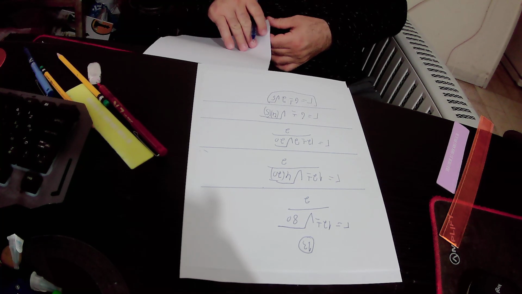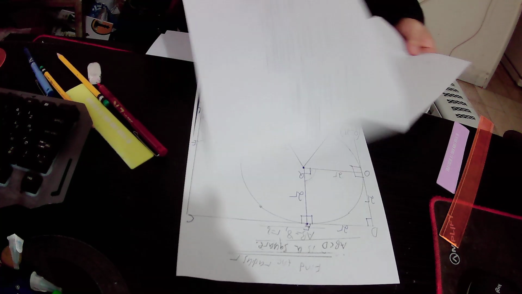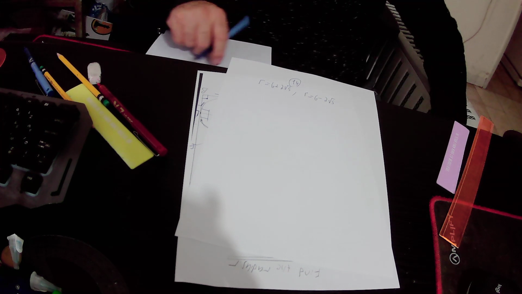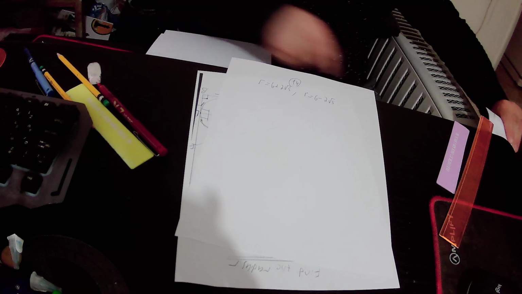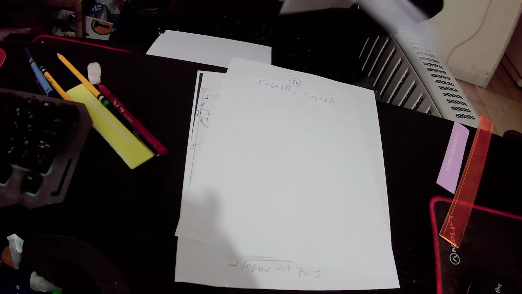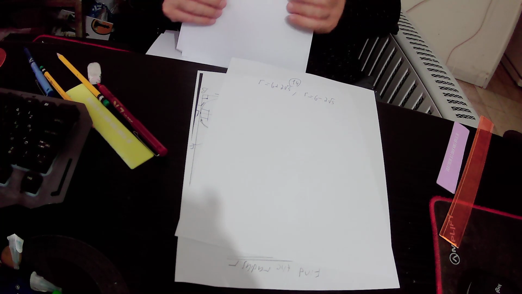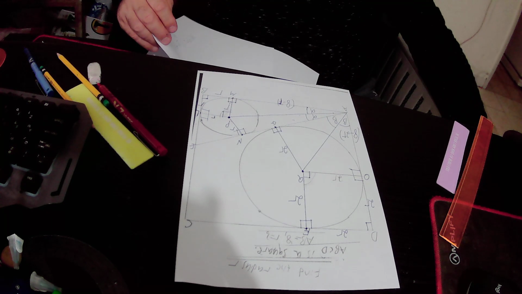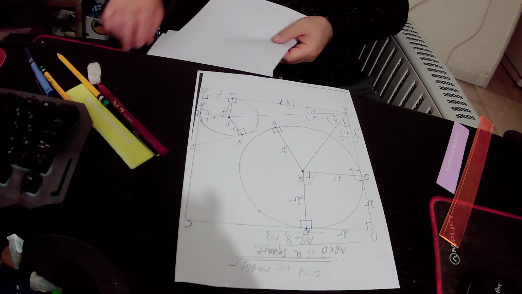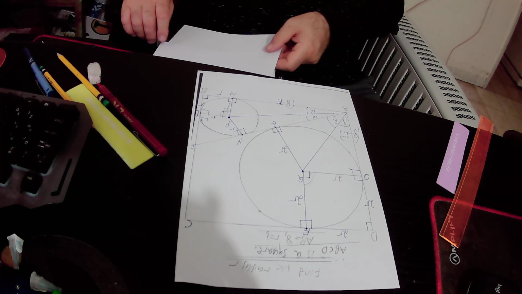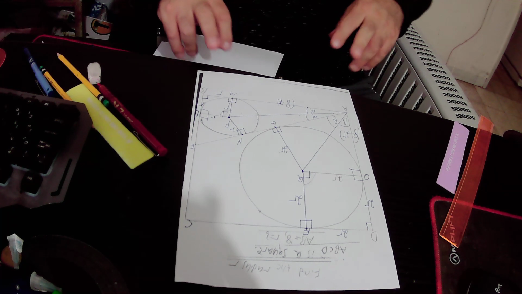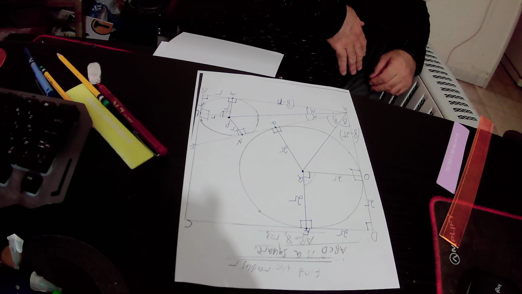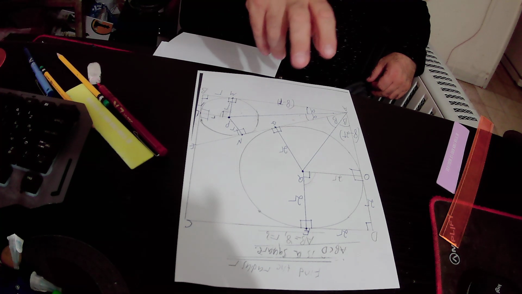Okay, so we got those two solutions to the quadratic equation. And as you can see from the drawing, one side of this square equals 8 units, and we have the small circle and also the big circle.